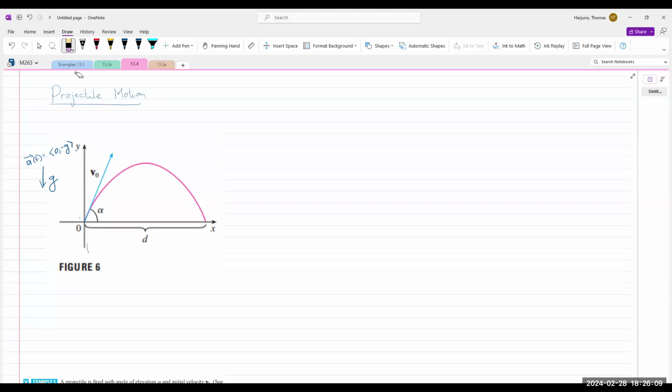Okay, now we will put details into this. We start with what we know. Suppose we have initial velocity v naught. Let v naught be our initial speed, and alpha be our angle of elevation.